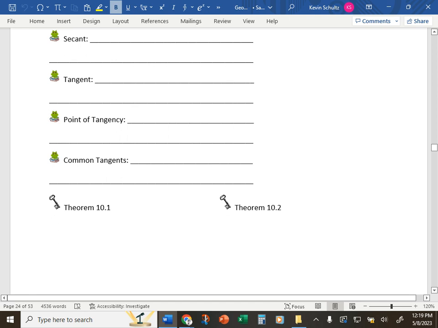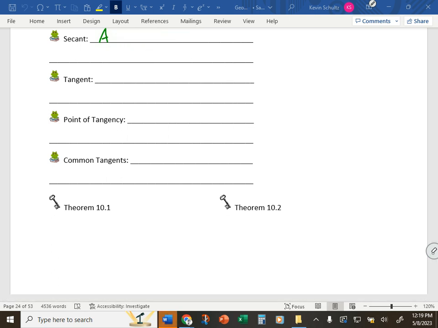Secant. What is a secant? Is that called second? A secant is a line, and I really should say segment, ray, or line, just to use that before. A secant is a segment, ray, or line that passes through a circle.